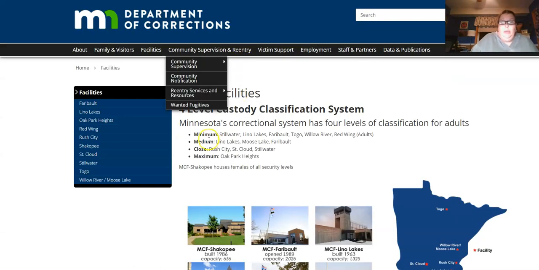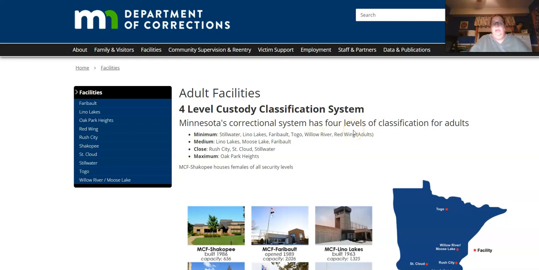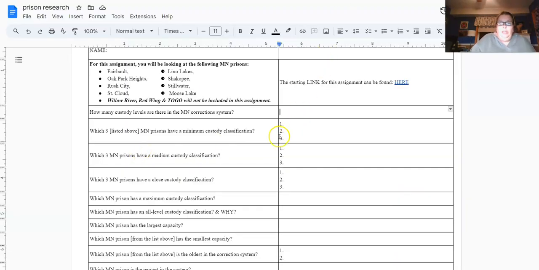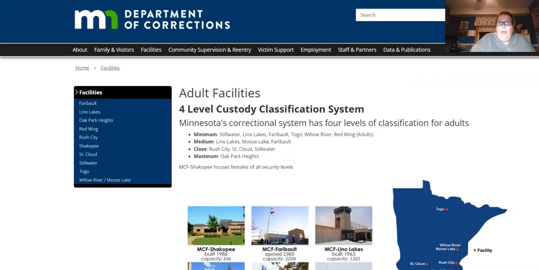I can go back here and see the minimum security classification: Stillwater, Lino, Faribault, Togo, Willow River, and Red Wing. Keep in mind, we're not doing Togo, Willow River, and Red Wing. Those are not the answers. So if I go back to my sheet, there's 3 spots. I'm going to put in Stillwater, Lino Lakes, and Faribault.